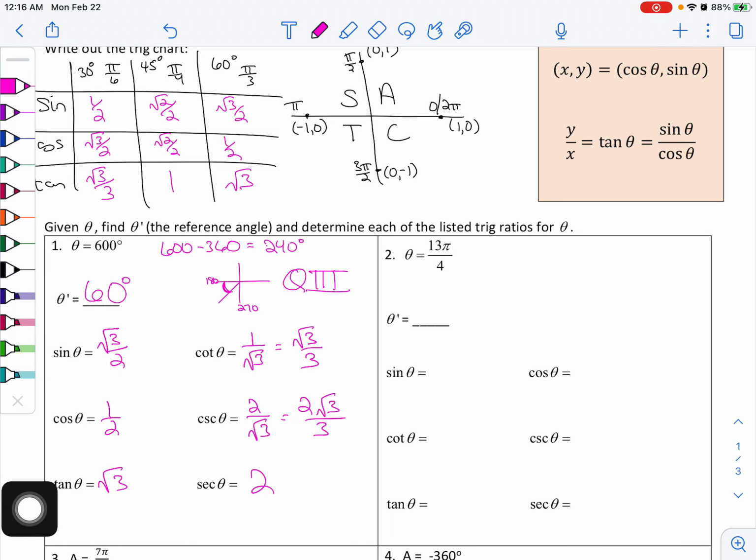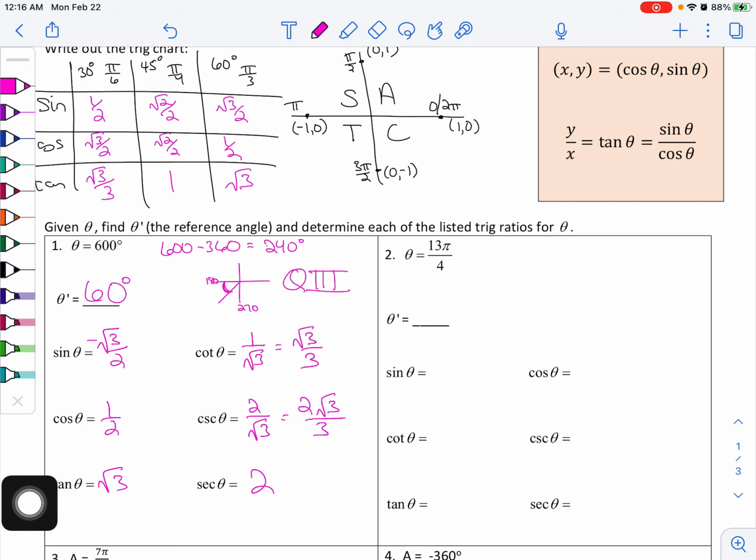All right. So this on its own is what I just pulled this information from. However, there's one other piece of information I need to use. Remembering that this was in quadrant 3. Quadrant 3, the only thing that's positive here is tangent and its reciprocal cotangent.